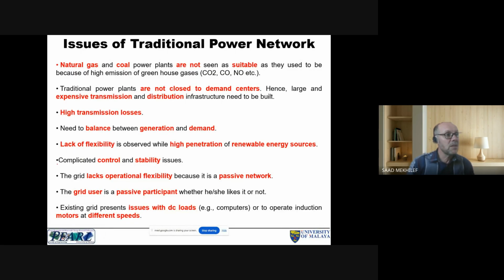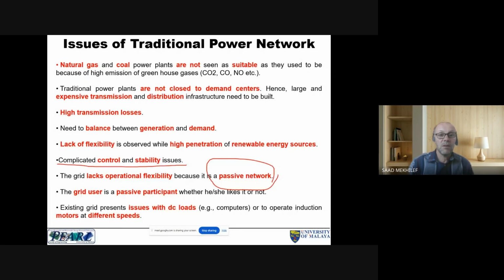It has a complex control system because it's huge. The complexity of the control is huge. Also, it's not flexible, as I said. It does not accept any additional generation, and it is a passive network.